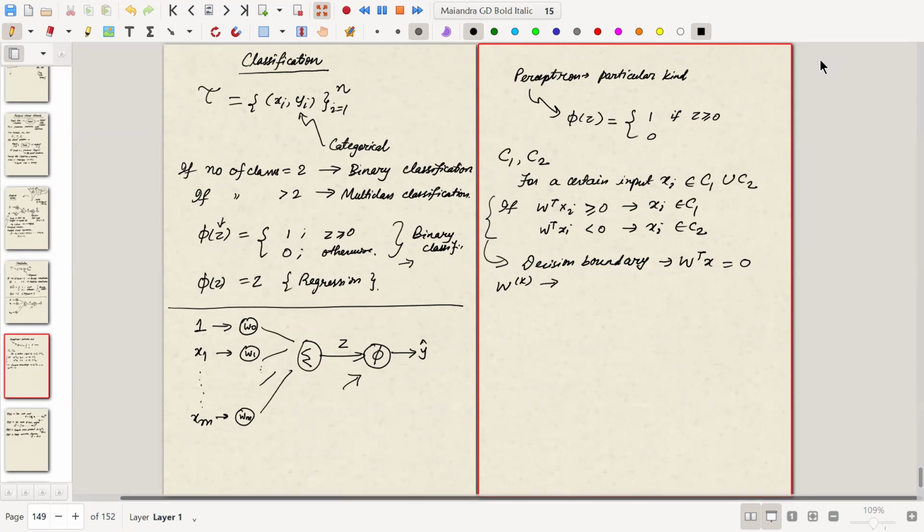So Wk means the weight after the kth iteration. That is the job.